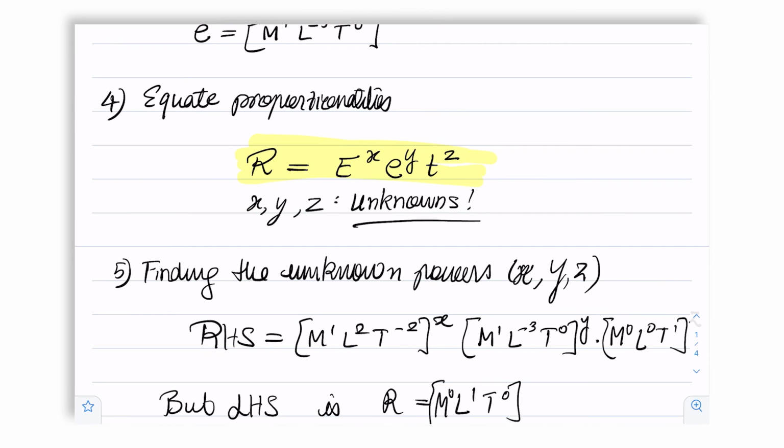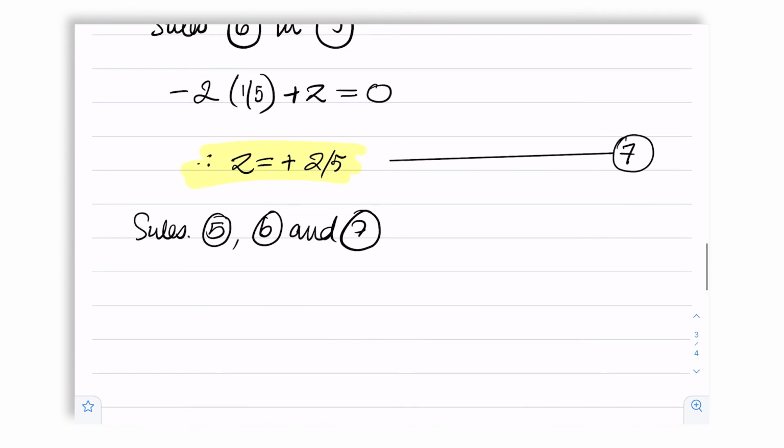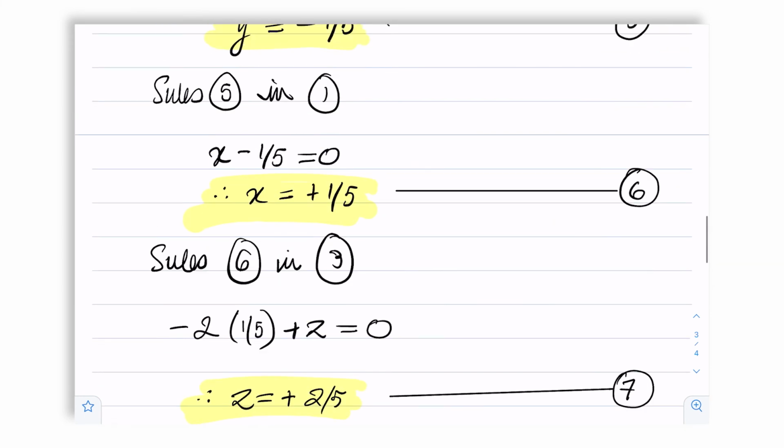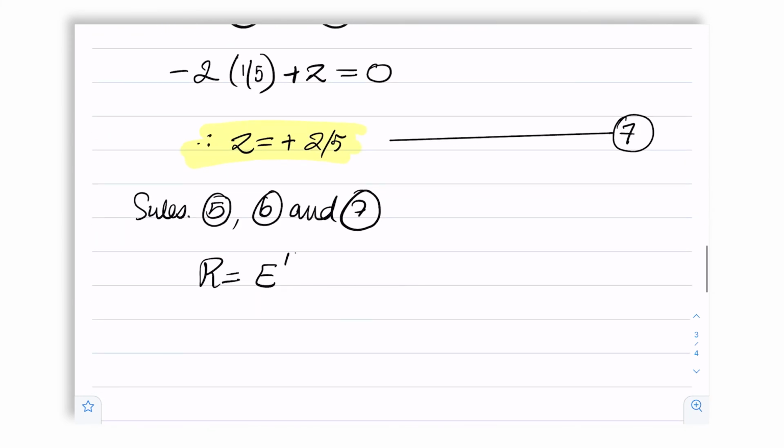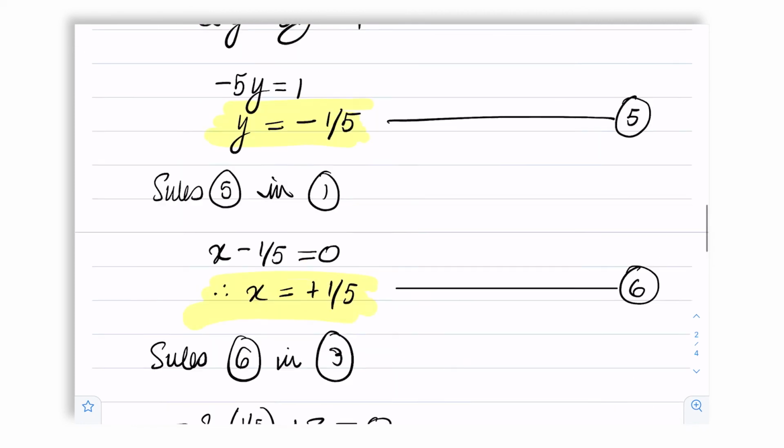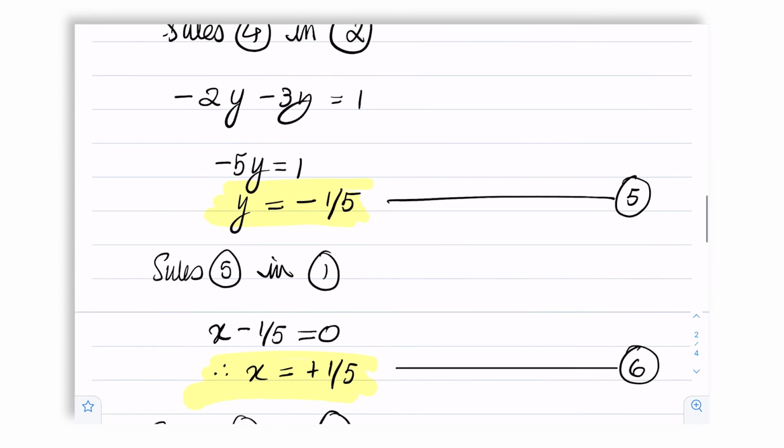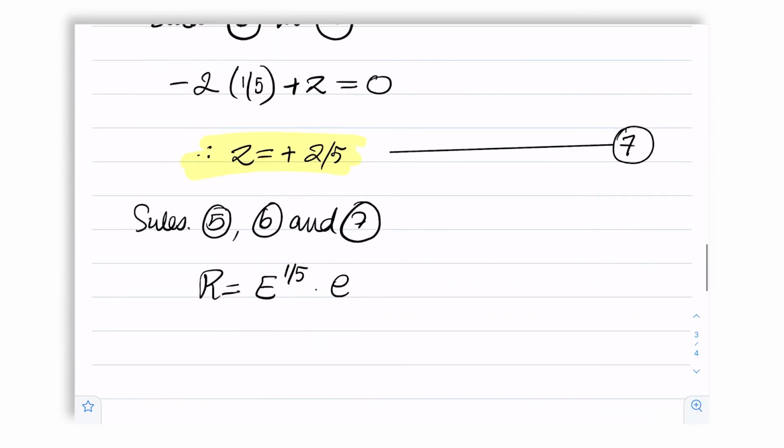So we get to write R is equal to E to the power x, which is 1/5, into rho to the power y, which is minus 1 by 5.